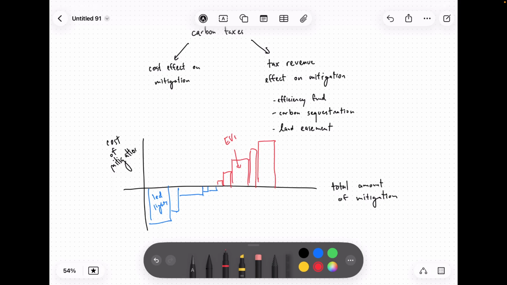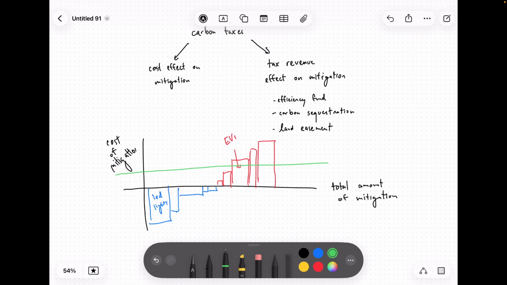And the general idea is that if I were to implement a carbon price, actually I should be doing it on the other axis. If I implement some kind of carbon price like this, then suddenly some of the other things end up getting worth doing, because the extra cost of the carbon makes these things worth it.